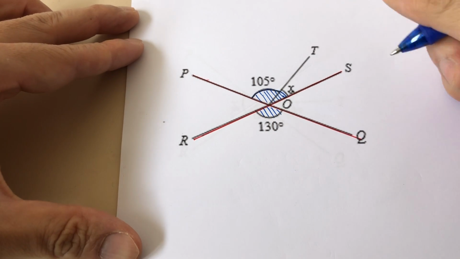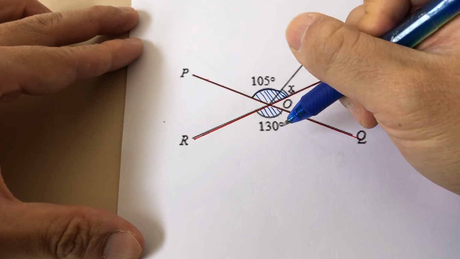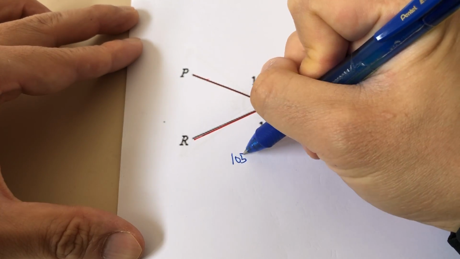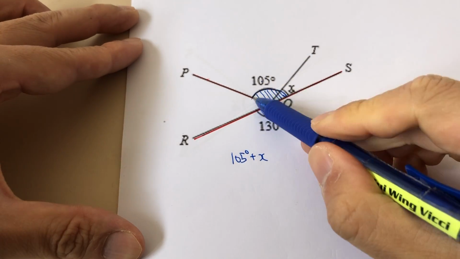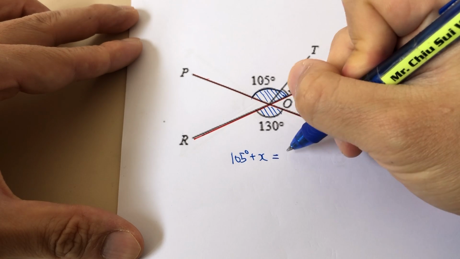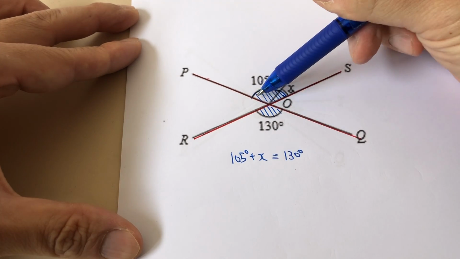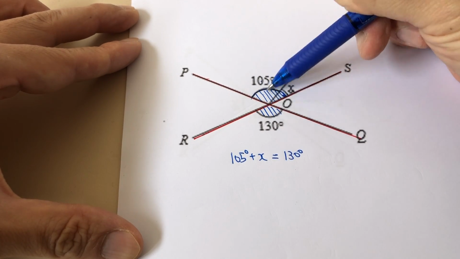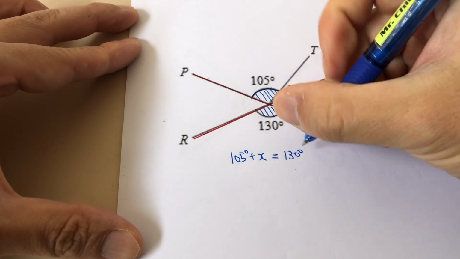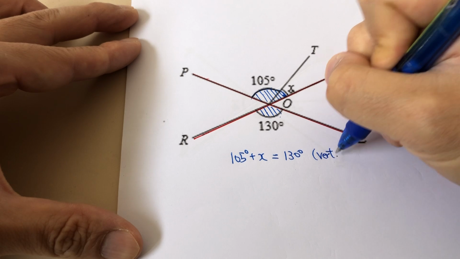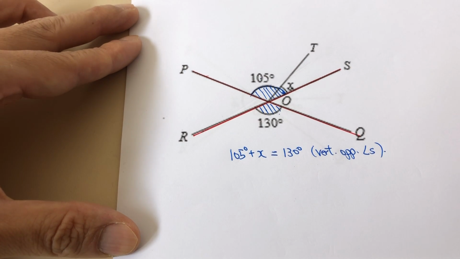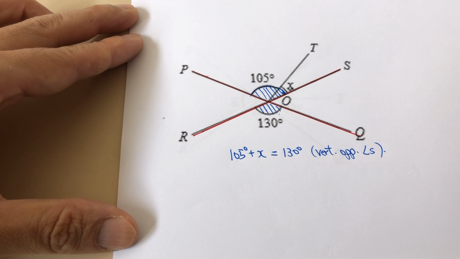And therefore, you may write 105 plus x, this big angle, is equal to 130. These two angles are the same because vertically opposite angles. Okay?